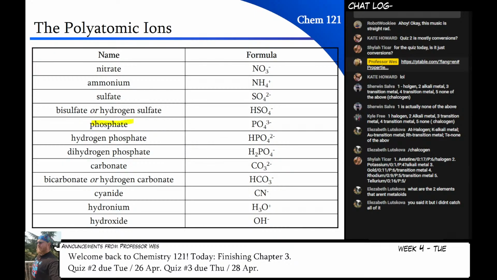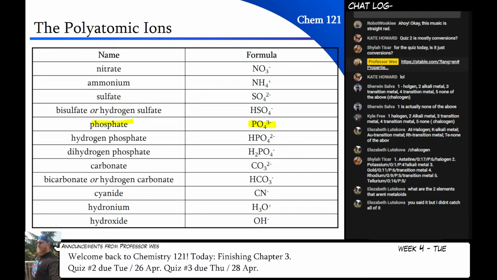That's going to be super crucial. Or if I say carbonate, you should know what carbonate is, or hydroxide. These are all very common things that we use in biology and also in this class, so they're worth committing to memory. However, you don't have to, because this is an online class.